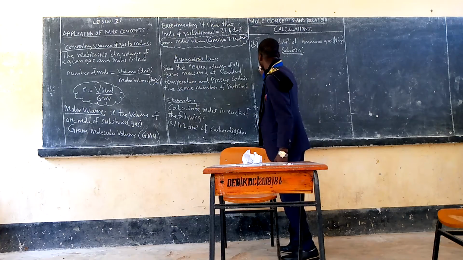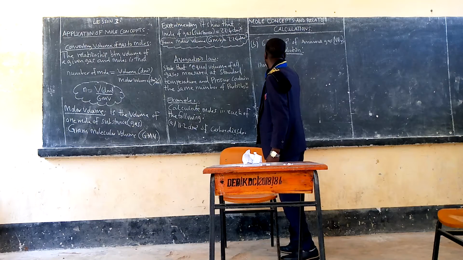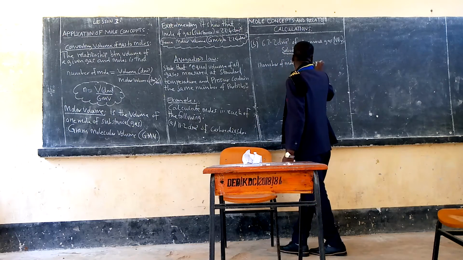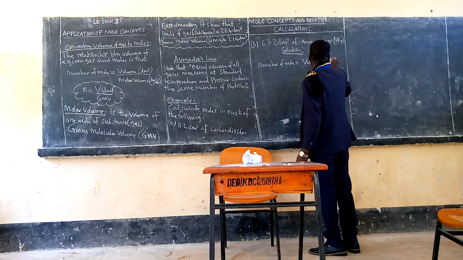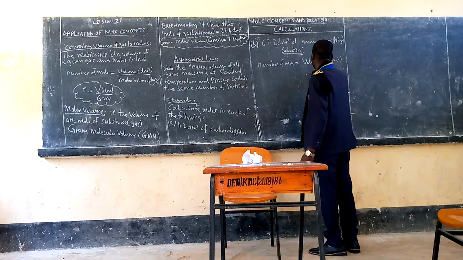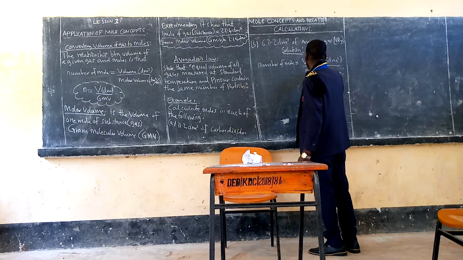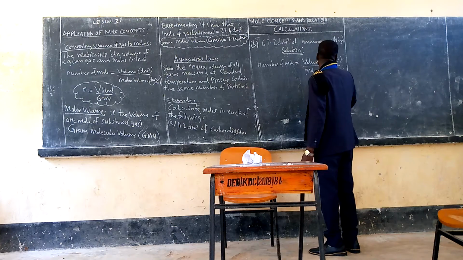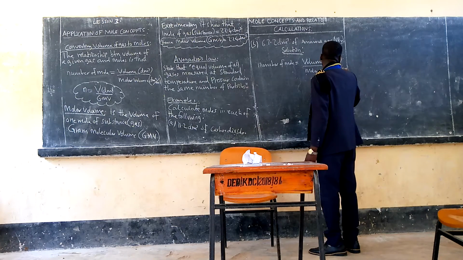Number of mole equals to volume, but volume should be decimeter cubic, divided by molar volume, which is in decimeter cubic per mole.